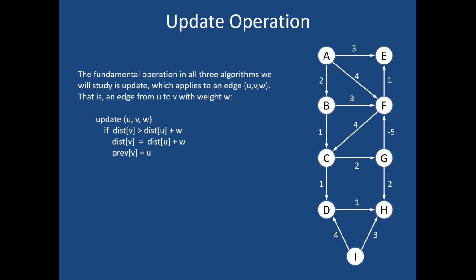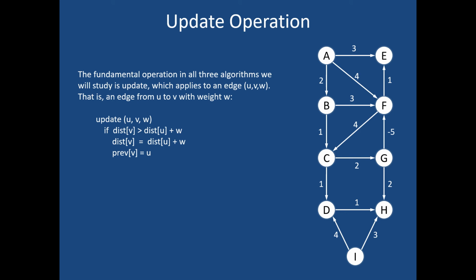However, if we go to U, which is distance of U away, and add the W, which is the cost of the edge from U to V, we have found a shorter way to get to V. It's saying that you can go from the root to U and then to V via this edge, and that's shorter than whatever way we previously discovered. So we need to record that fact. All we do is record that the previous of V is now U, and the distance of V is this new distance we discovered. That's the update operation.